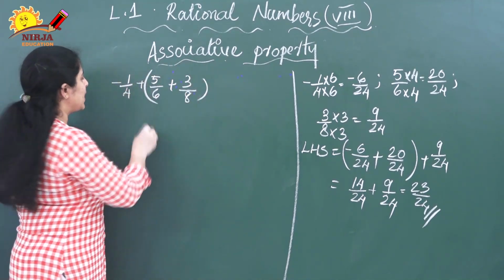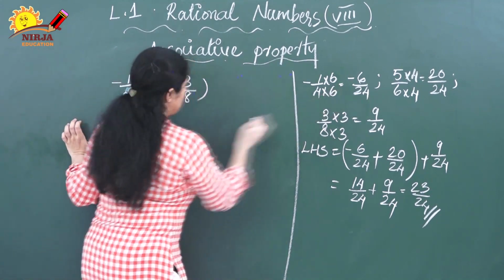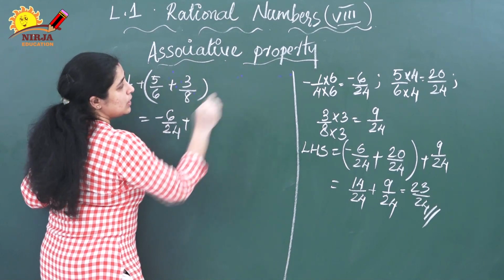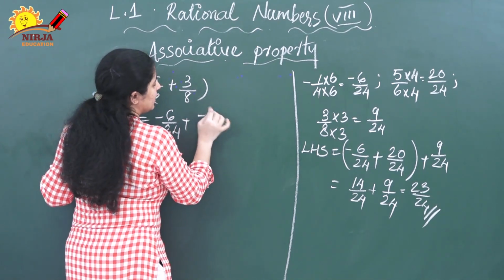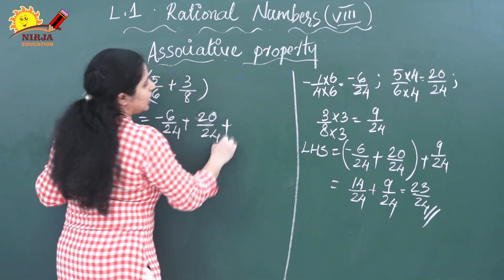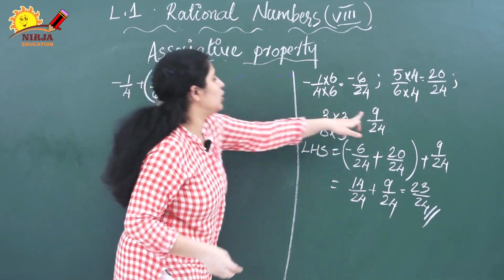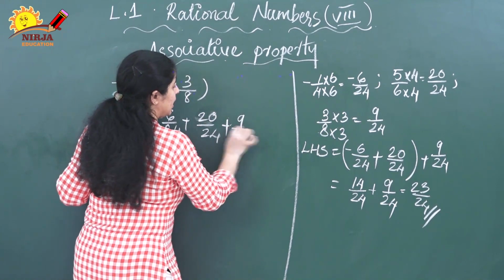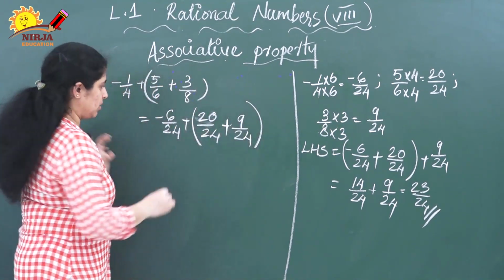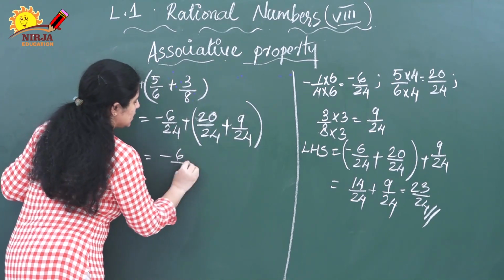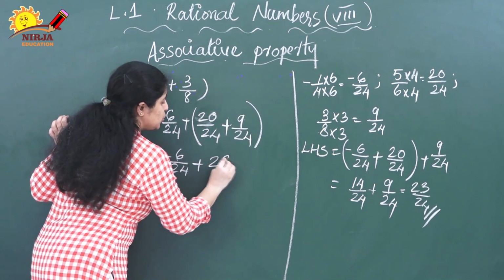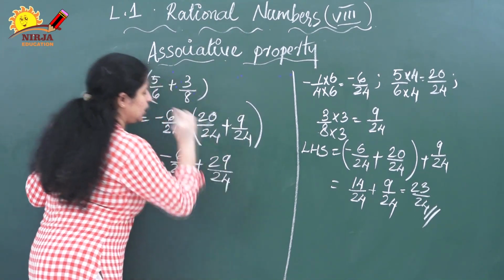So instead of -1/4, I will write -6/24 plus 5/6, instead of that 20/24 plus 3/8, and instead of that I can write 9/24. Grouping the last two numbers: -6/24 plus 20 plus 9, 29/24.